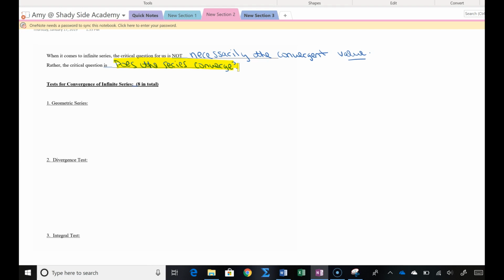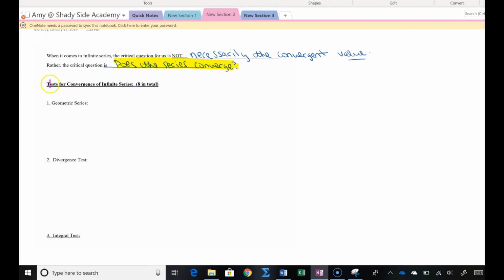So when it comes to the calculus of infinite series in our work tonight, the question really is just, does the series converge or not? That's really the question. And so now we begin our study of what are called convergence tests.